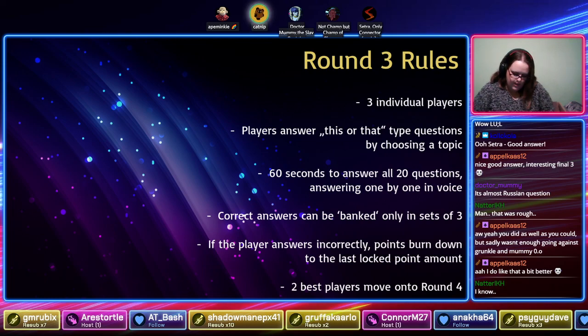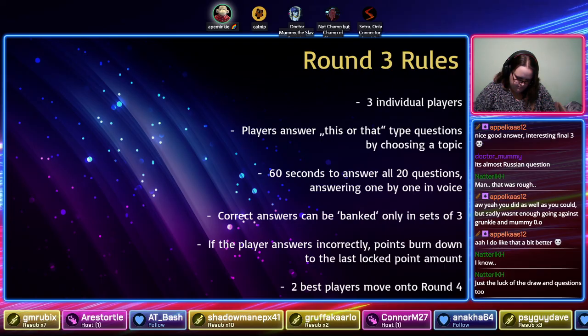Abe, could you update us on the individual scores throughout the game? Because that will determine the sequence. Yep. Right now, with Cetric carrying over the 2 points from round 2, and their 5 points from round 1, they have a grand total of 7 points. And Dr. Mummy and Grunkle in round 2 got 8 points alone, but Dr. Mummy's total is 4 from the first round, 8 from the second round, makes 12.